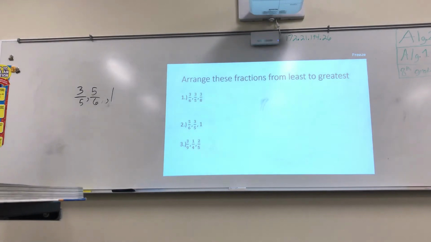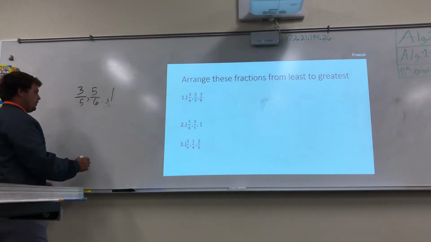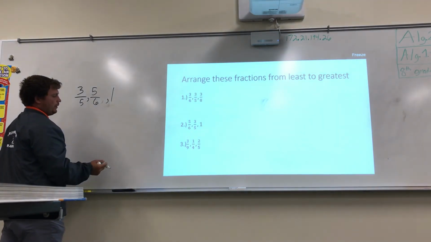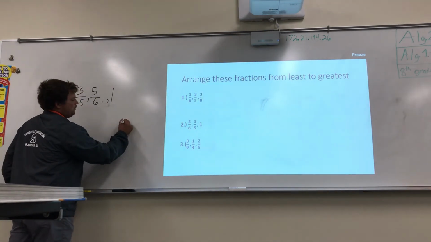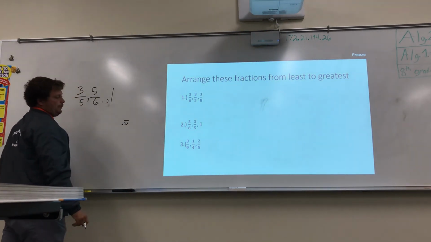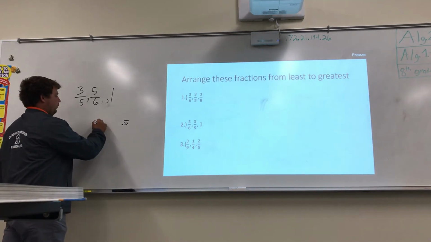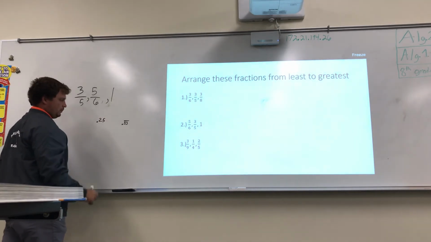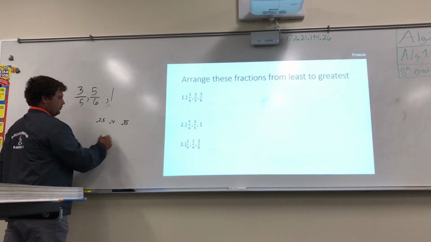Okay, now the bottom one, we have basically 1/3, which is 3 over 9, which is 0.33333, right? We have 1/4, which is 0.25. We have 2/5, which is, times that by 20, you get 0.4.